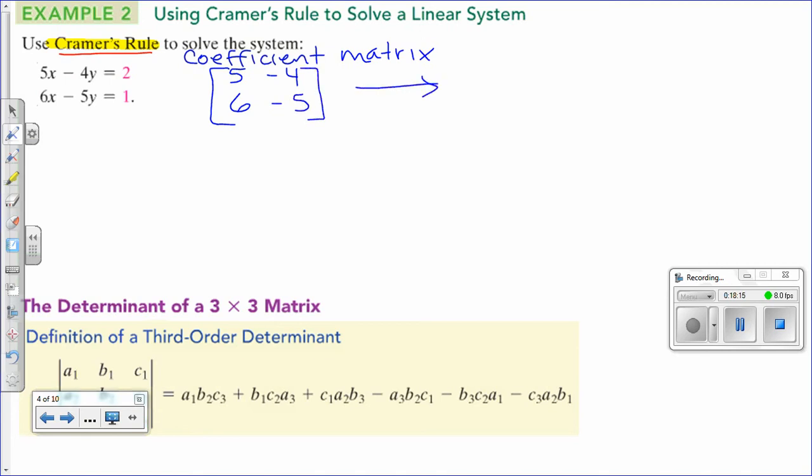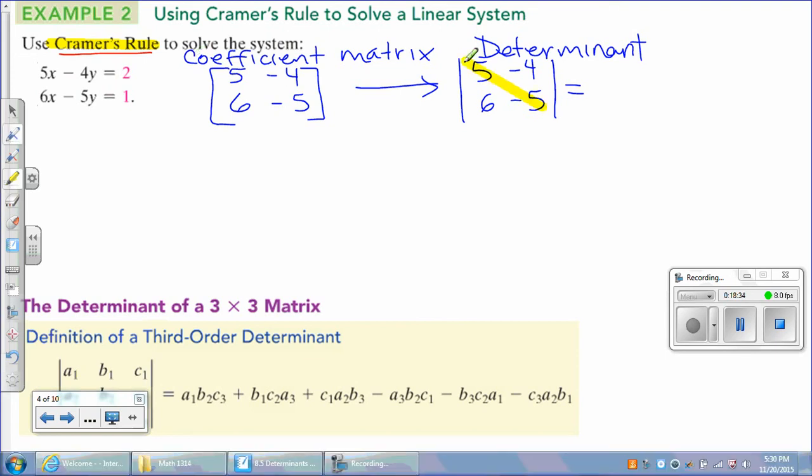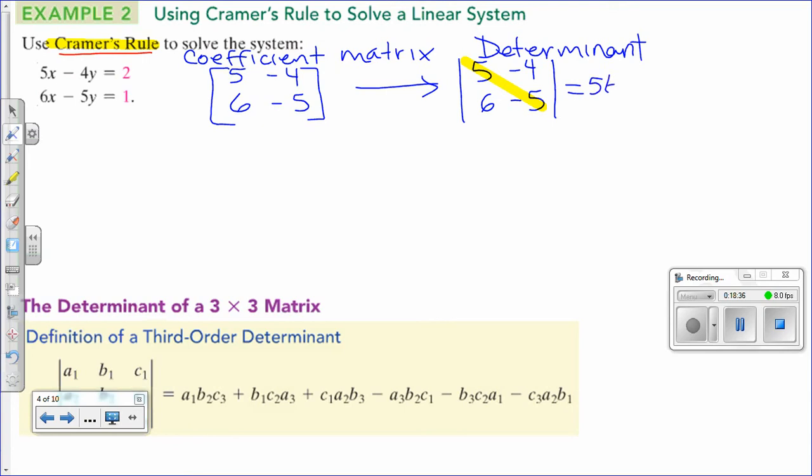From there, we're going to get the determinant of the coefficient matrix, which is 5, 6, -4, and -5. To find the determinant, we multiply these terms: 5 times -5, and then we subtract the product of the other terms, 6 times -4.